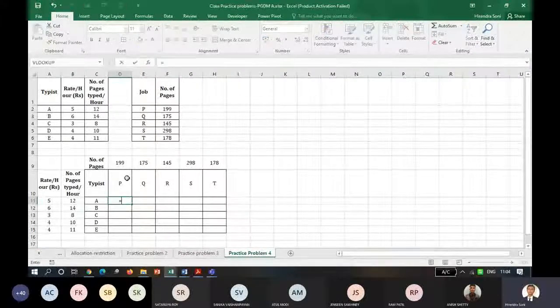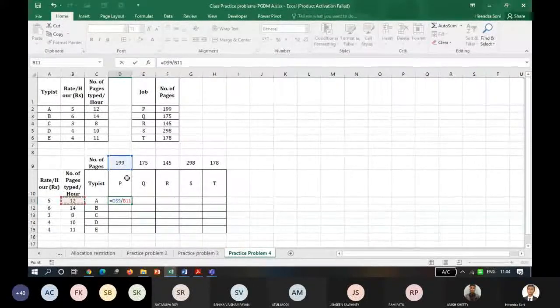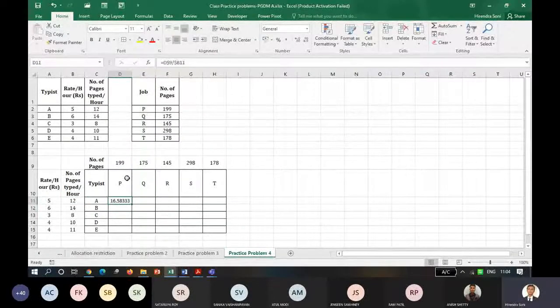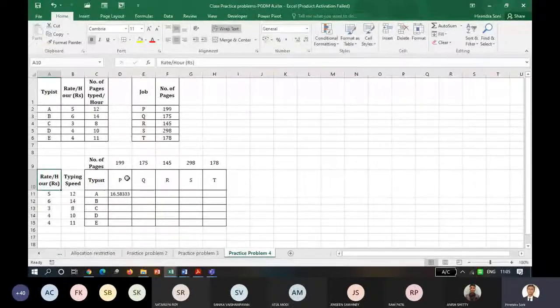Equals to 199. करेक्ट. सो मैं इसको फ्रीज कर लेता हूँ. आई विल फ्रीज द रो डिवाइडेड बाय नंबर ऑफ पेजेस टाइप पर आवर, तो मतलब उसका टाइपिंग स्पीड. आई विल फ्रीज द कॉलम देयर. 16.58. इसको इधर पर ऐसे लिख देते हैं. So it is easy for us to understand, है ना?